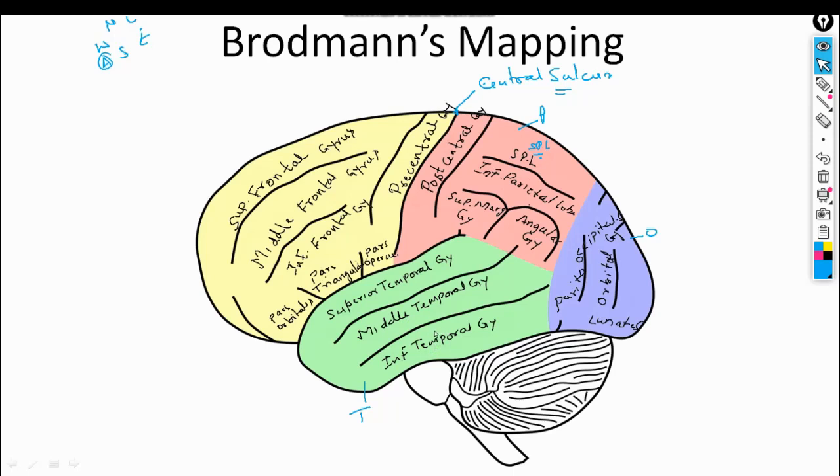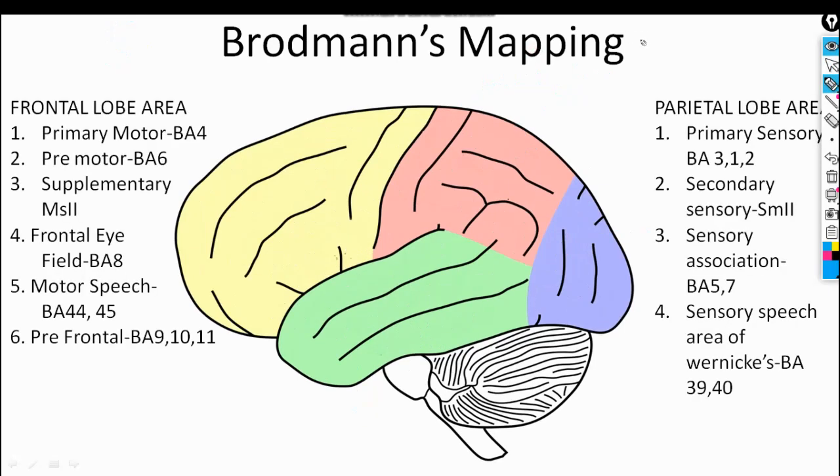Now we begin the topic with Brodmann's mapping. Brodmann's area, in short, we write as BA. Clear? So as you know, this is the central sulcus.